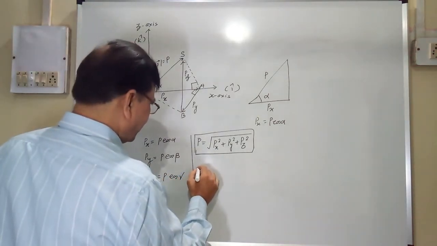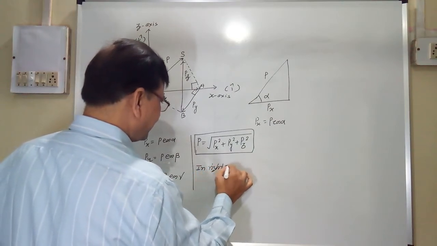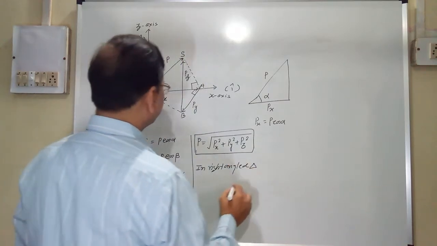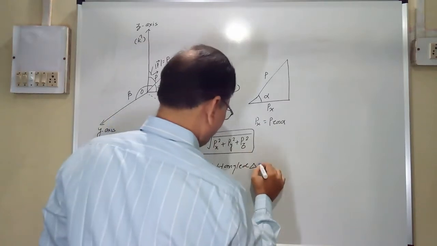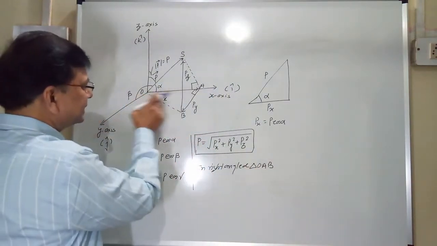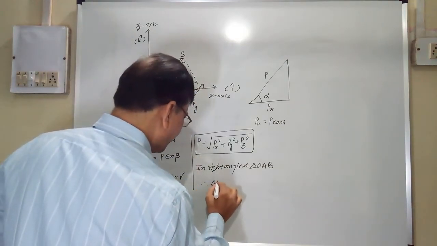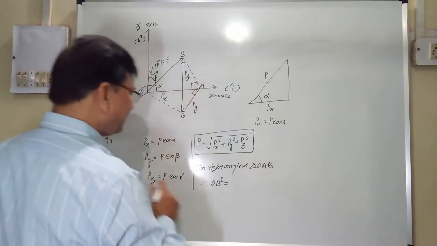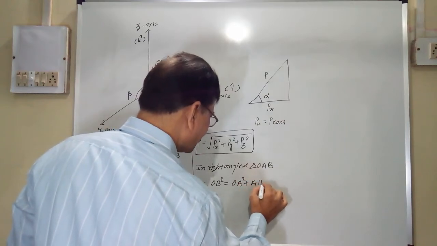Now, in right angled triangle OAB, since this is 90 degrees, OB is the hypotenuse, therefore OB square is equal to OA square plus AB square.